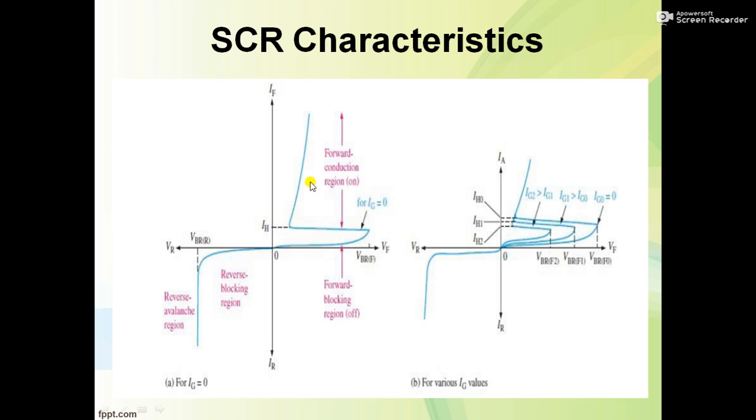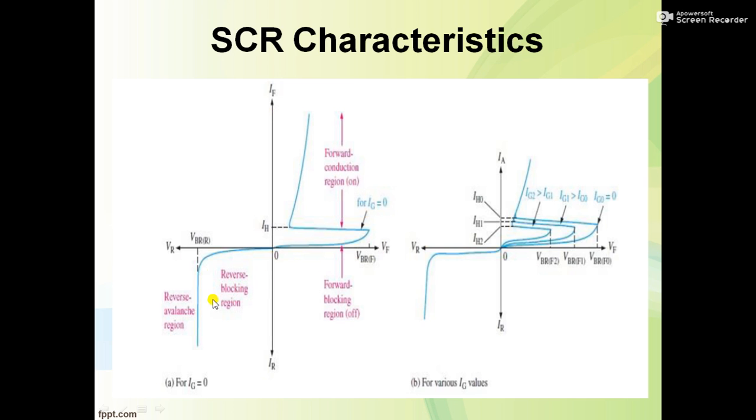The latching current is slightly higher than the holding current. Consider we have the latching current point here. As the forward voltage increases slowly, the latching current also increases with respect to the forward current.